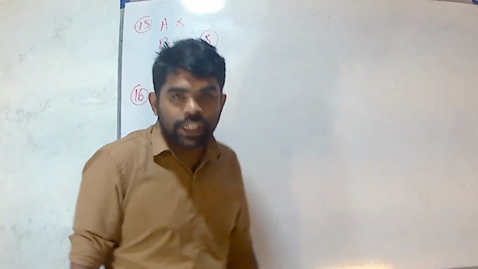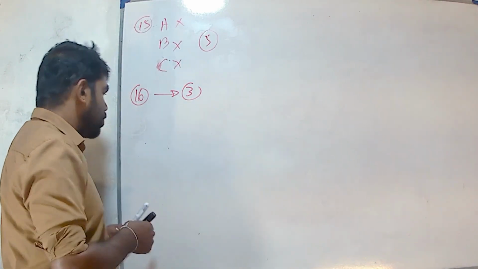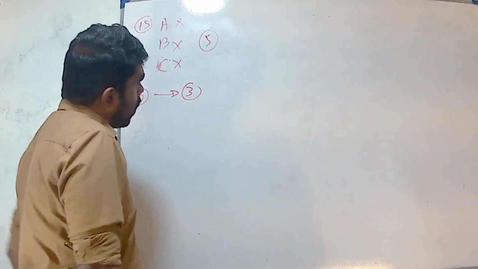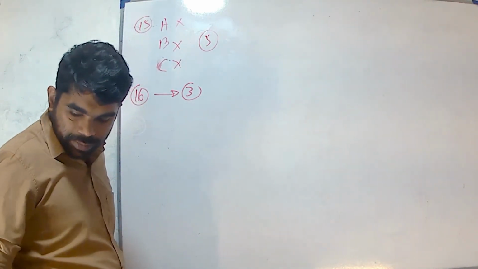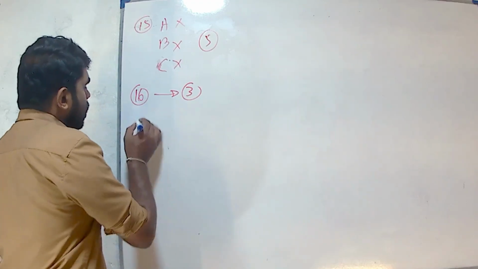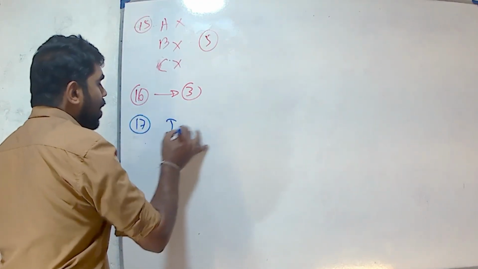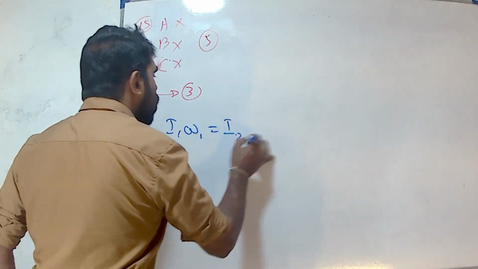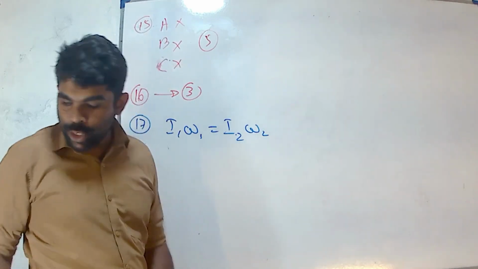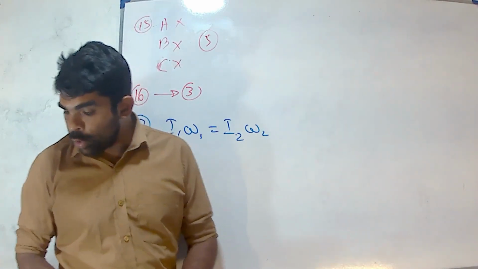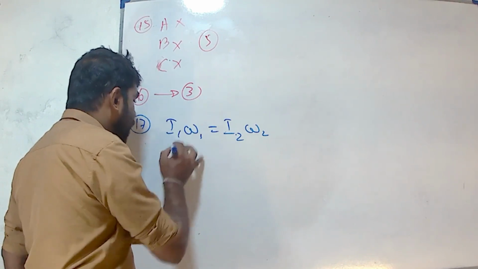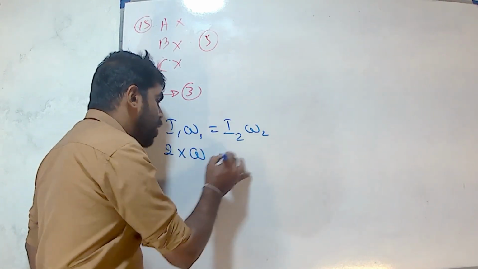We have to use the conservation of angular momentum when considering the first situation. We can use I1 omega 1 equals I2 omega 2. For the first situation, they have given that the moment of inertia is 2 and the angular velocity is omega.